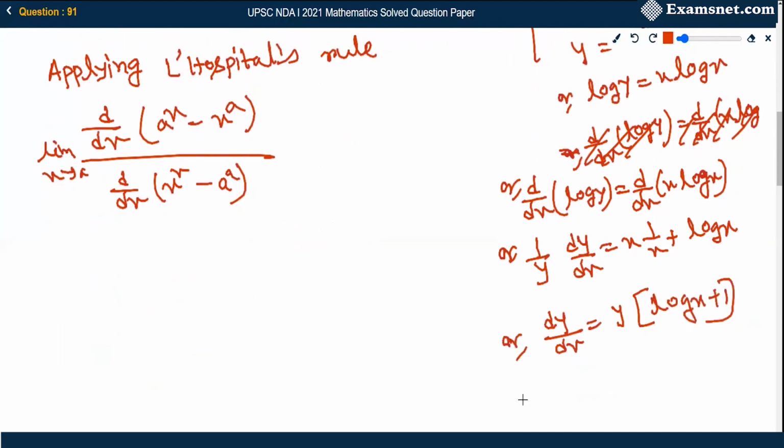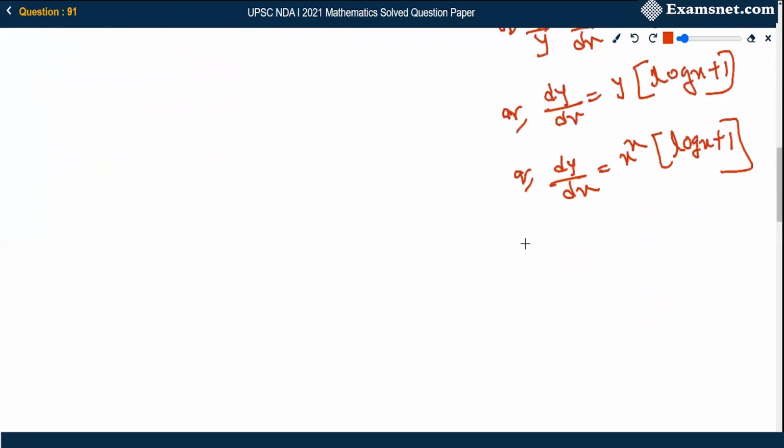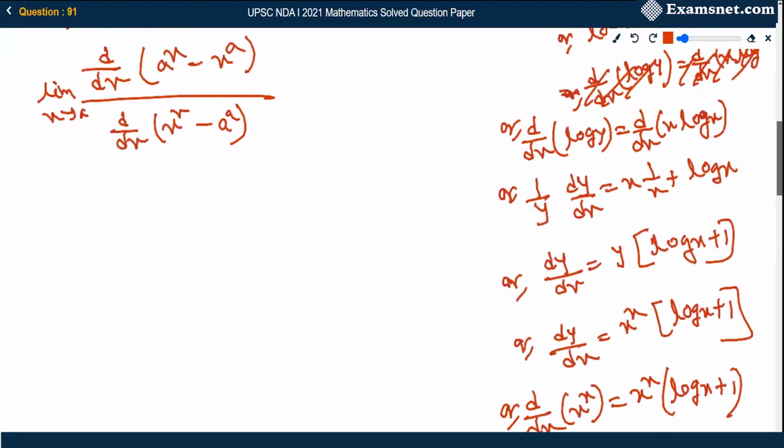Now we will put the value of y here, that is x to the power x. So if we differentiate x to the power x with respect to x, we will get x to the power x (log x plus 1). Okay.